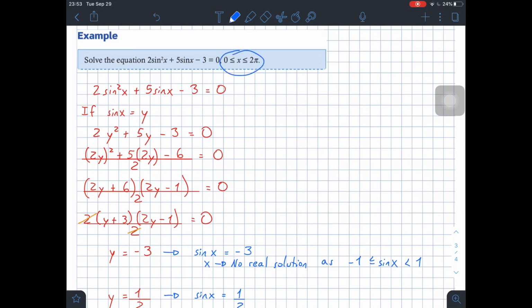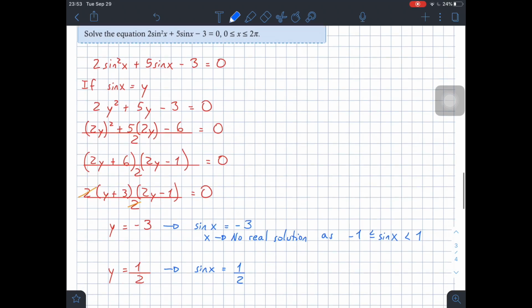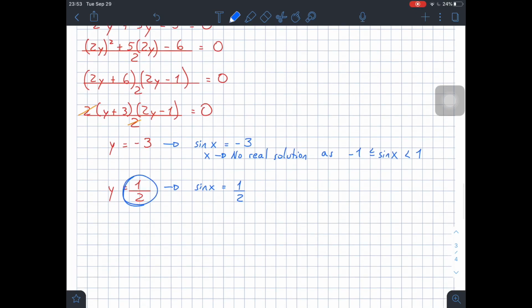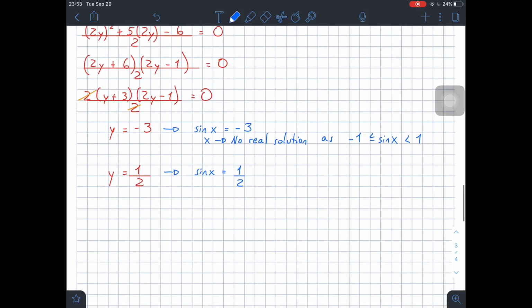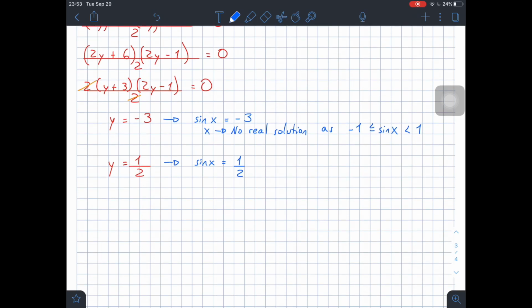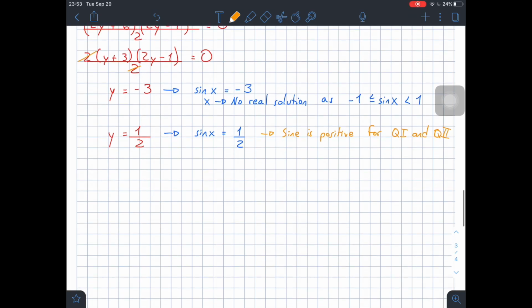If we're considering one full rotation, then we should know that sine of x, which has a positive sign here, is going to have two solutions. Let me write it here. Sine is positive for Q1, the first quadrant, and sine is positive in the second quadrant. Okay, so two possible solutions.